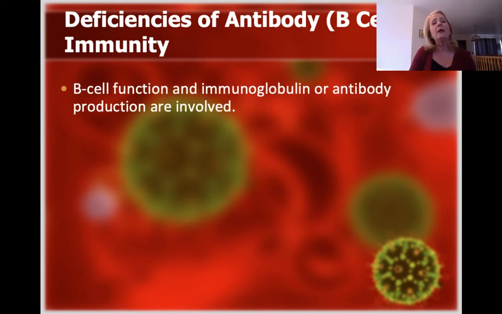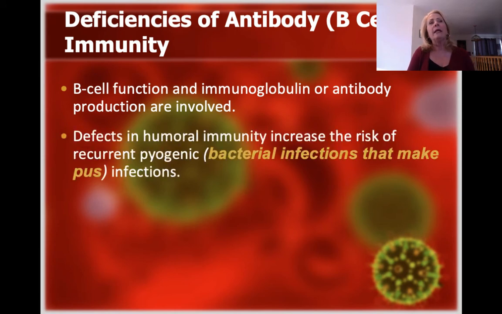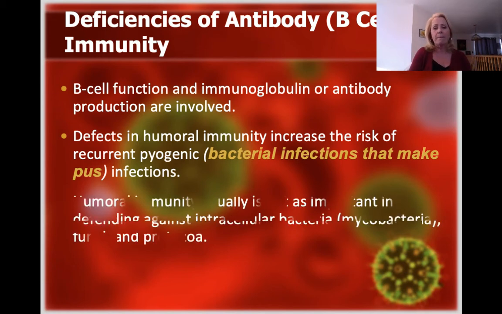So B cells are functioning by producing antibodies, which we also call immunoglobulins, and in this humoral immunity defect, it is going to increase your risk of bacterial infection, okay? And especially pyogenic infections, which means these are bacterial infections that produce pus.